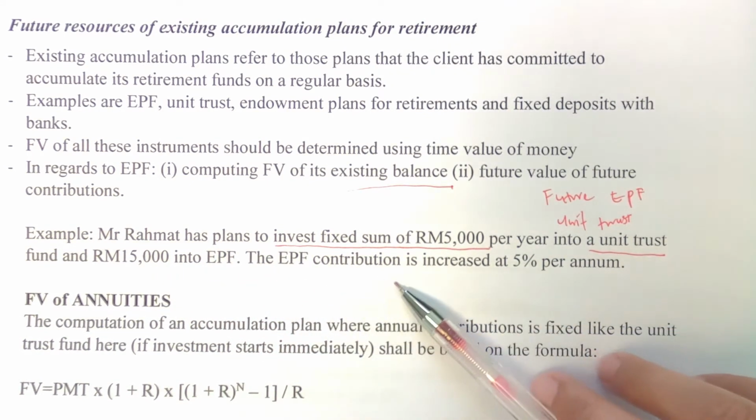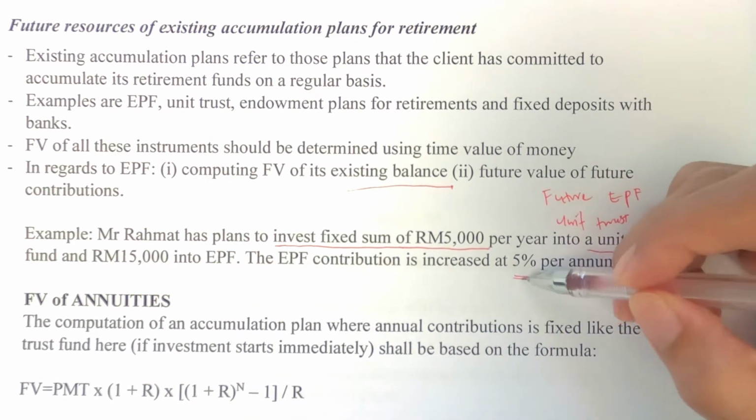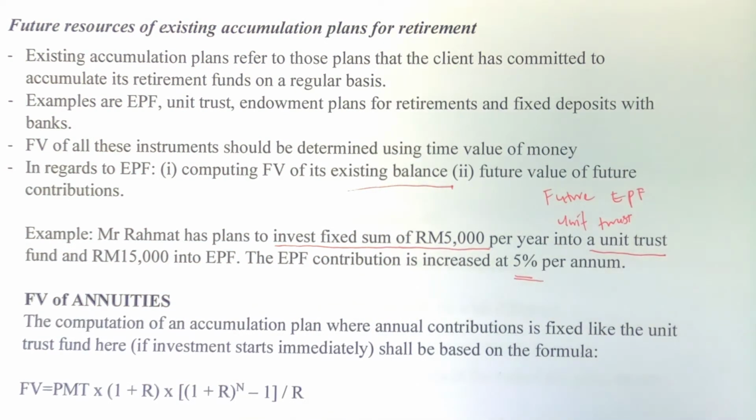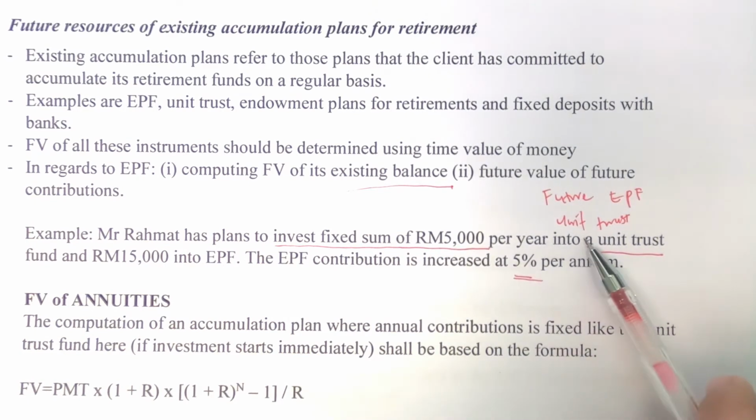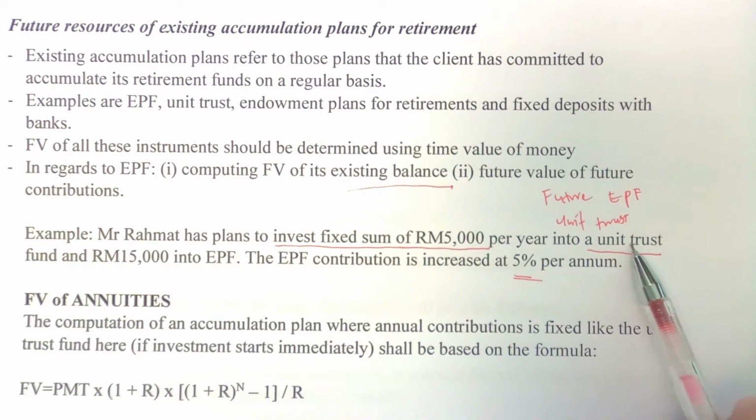And the EPF contribution is increased at 5% per annum. Therefore, in this instance, let us calculate for the fixed sum of 5,000 per year, the investment that will be made to the unit trust.